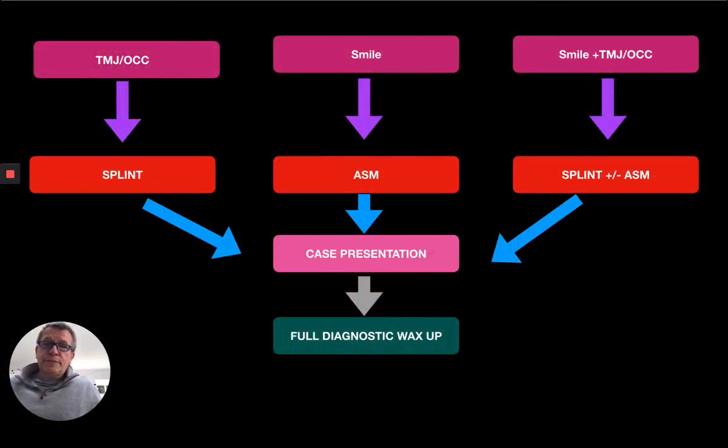So, whichever of those patients that I spoke about before, whether it's more of a functional issue, a smile issue, or a combination, my goal is to get to a situation where I can present the case to them and have them say yes before I get to the point of making a full diagnostic wax-up. Because that's always been a stumbling block, not just for me, but I think for lots of people.